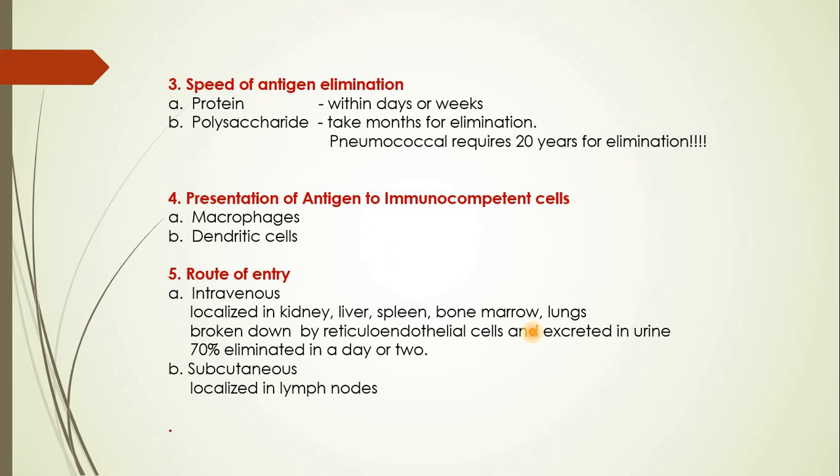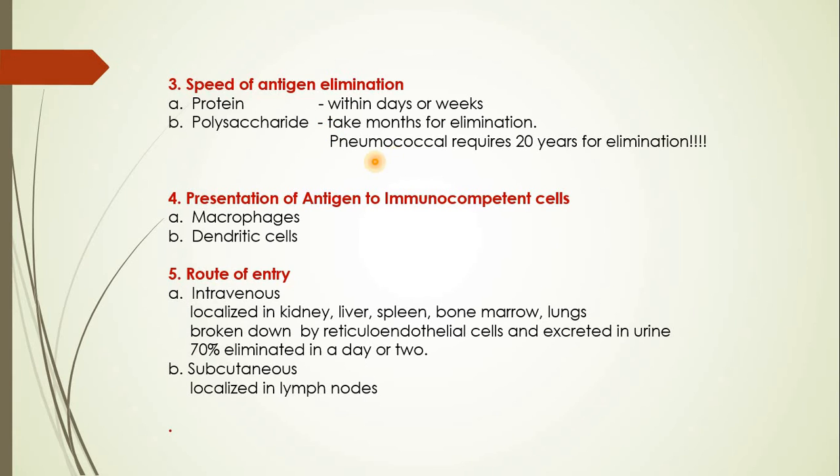Then the speed of elimination. Speed of elimination of an antigen is related to the speed with which it is metabolized. For example, protein antigens are eliminated within a day or a week, whereas polysaccharide antigens, that means the antigens which are made up of polysaccharides, get eliminated in months or probably it can take years.